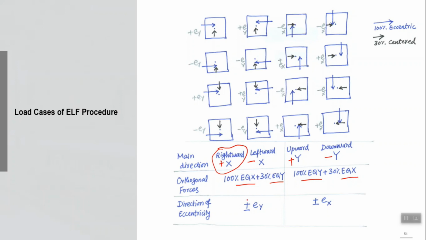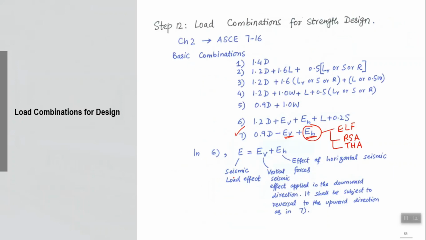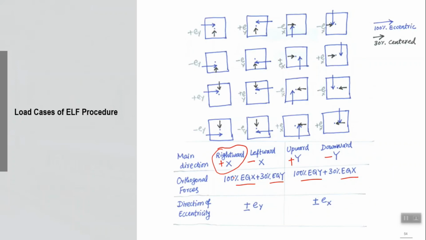So, if you consider all these 3 combinations, you will finally end up with these 16 cases on top, only for the horizontal effect of earthquake, for a 3D building which is required to be applied with orthogonal loading, and which is required to be applied with accidental torsional moment as well, right.